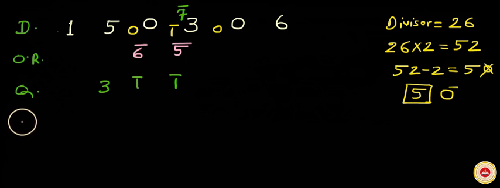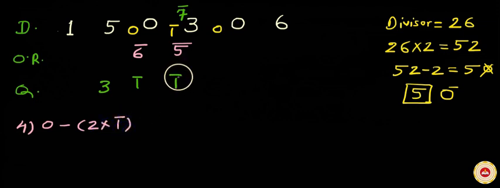Okay. Step number 4, 0 minus. Do you know friends what we are doing? We are going to calculate third osculation result or third osculation number. So 0 minus 2 times last quotient digit, which is negative 1, gives us minus 2, that is plus 2.